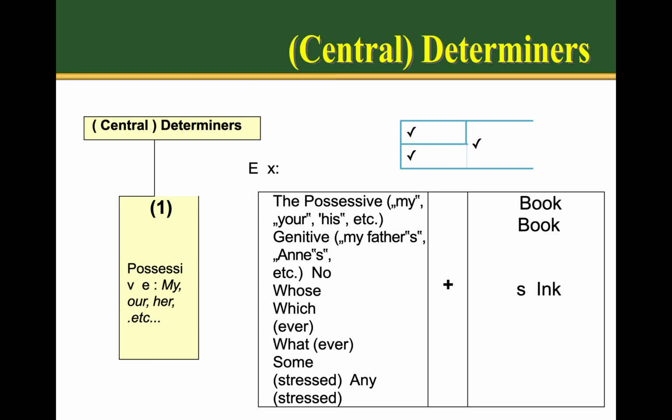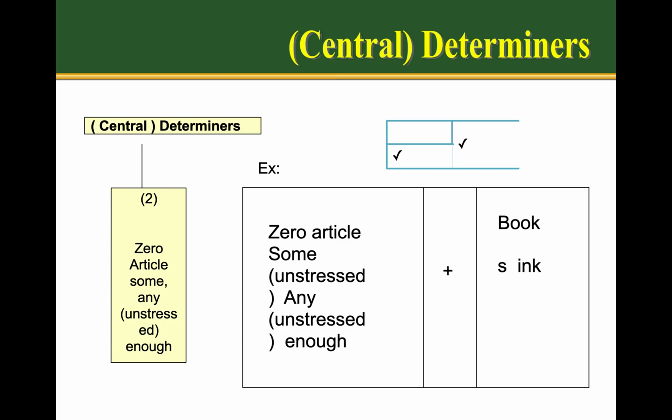Or genitive, my father's, aunt's, etc. No can also come with it. Whose book, which book, whichever, whatever, whoever. Some and any, in the case of stressed. Some book, any book. Some ink, any ink. The second situation is the zero article: some, any, unstressed, and enough.